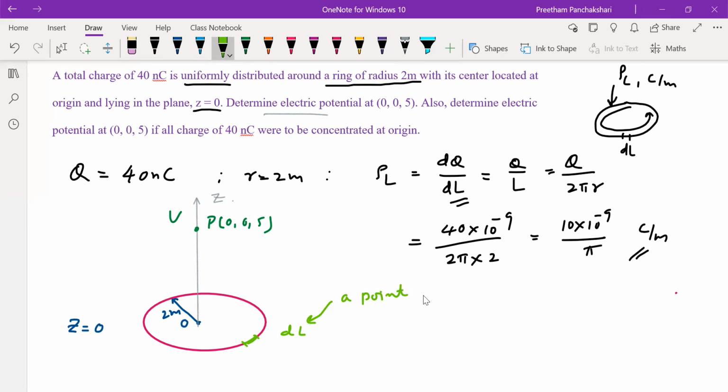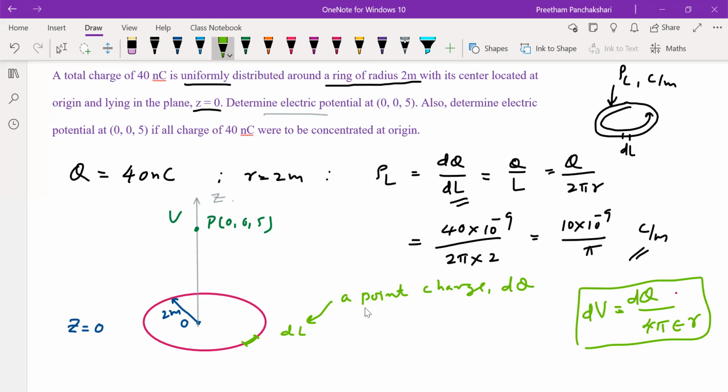Any charge in its differential state can be assumed as a point charge. So the charge dq on this dl can be taken as a point charge. We have an equation for potential at a point due to a point charge, given by q by 4 pi epsilon r. If the point charge is a differential charge dq, it gives dv.